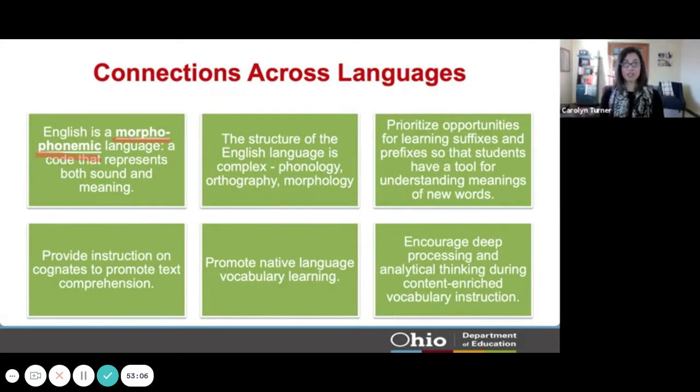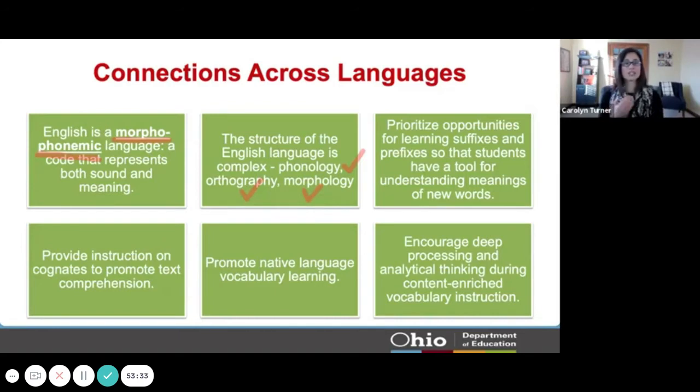We've got phonology in play, combined with orthography in play, and then add to that the morphophonemic elements. Now we've really got a struggle for English learners and native speakers as well. So we want to make sure that with our English learners, even though we're talking about phonology and orthography, we still need to think about how morphology comes into play with meaning.